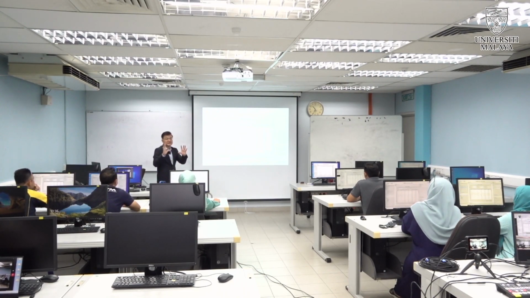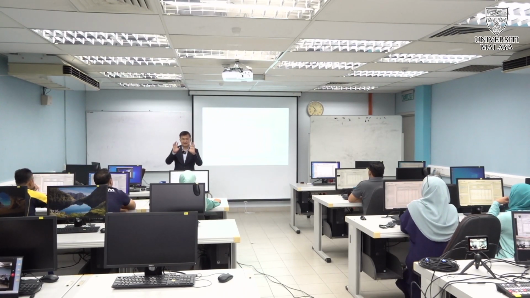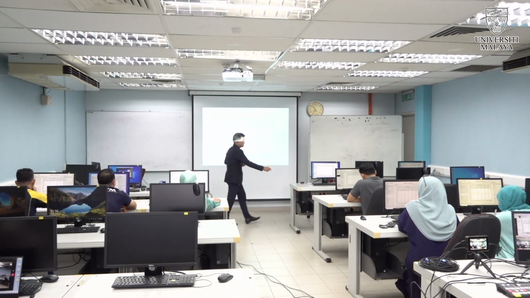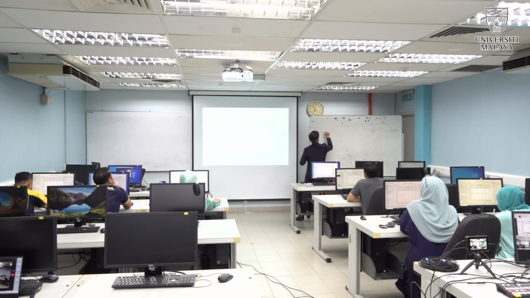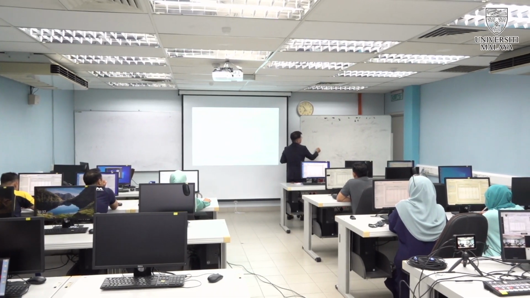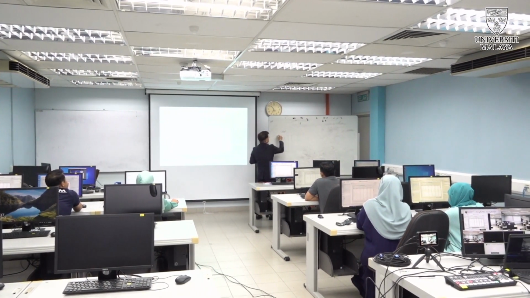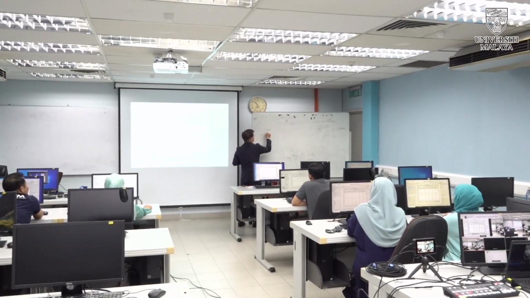So in machine learning, kita kena define, once you ask the question, you know the input and output, you kena define what is the output. So output normally we call it label, right? Sebab dalam data table, there are many columns kan. So you kena define mana satu input, mana satu output.